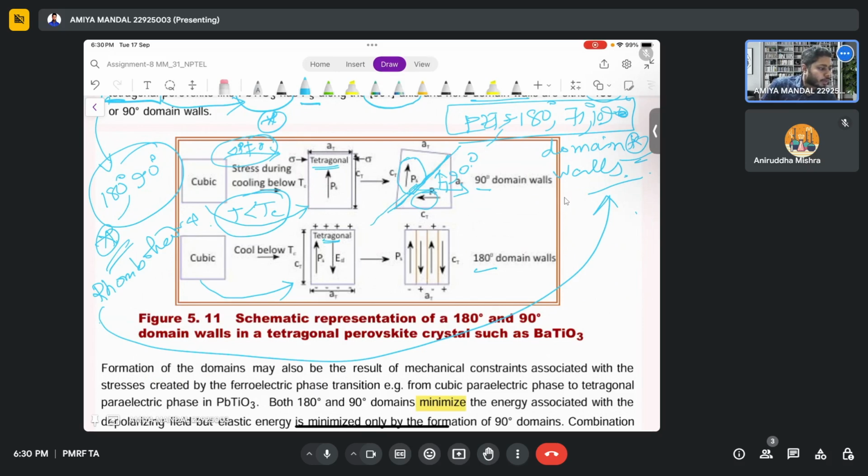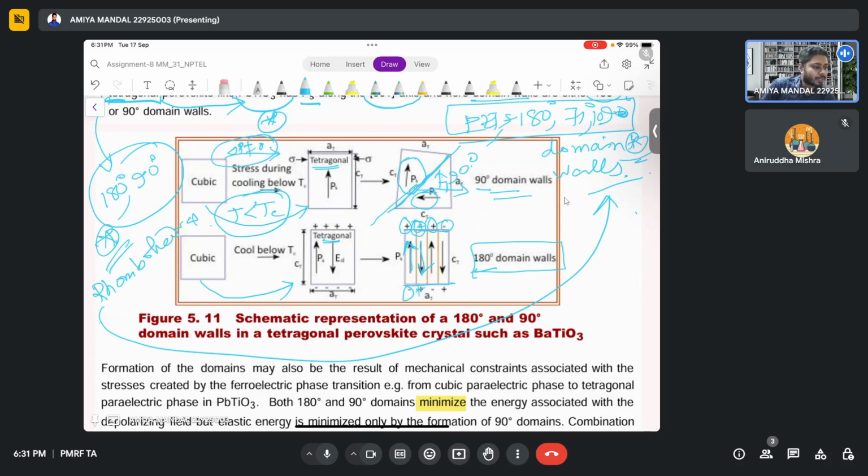So this forms the 90-degree domain wall. When 180-degree domain walls are formed, at each face of this material we can see oppositely charged elements, negative and positive, which form the orientation of the dipoles in this direction. In the vicinity of these dipoles, the negative and positive orientations are fully opposite, just like 180 degree.